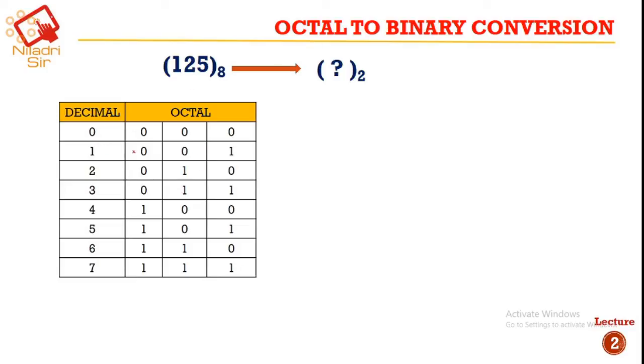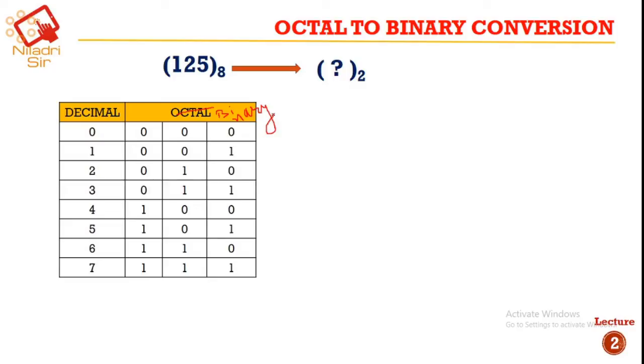So 0 is 000, 1 is 001, 2 is 010, 3 is 011, 4 is 100, 5 is 101, 6 is 110, and 7 is 111. This is a binary conversion.